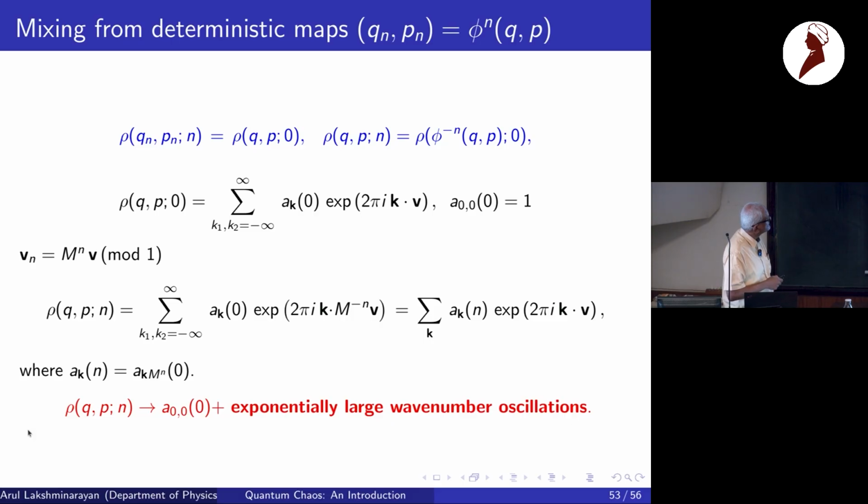It says that the density at Qn, Pn at time n is the density at Q, P at time 0, where Qn and Pn are related to Q, P by an inverse map. So to find the density at Qn, Pn, you need to go back in time from Q, P by a step n.